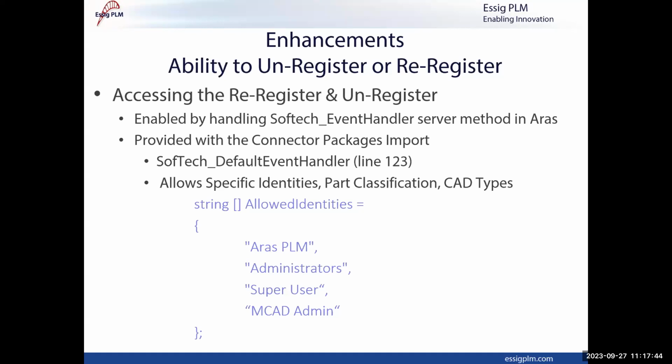So in this example you'll see some things where control, at the end of the day, will determine who can run this, and what they can do, or what they can't do, probably a better way of putting it, in terms of being able to unregister and register.